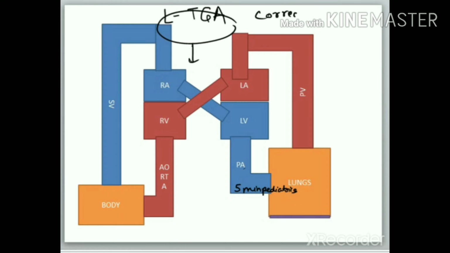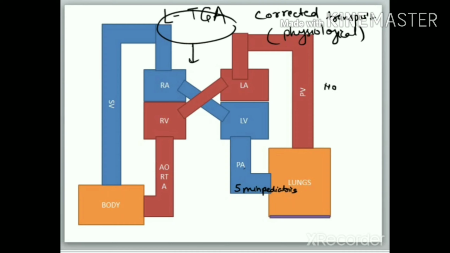Here the atrioventricular relationship is discordant. Here the right atrium and right ventricle are not concordant, while in DTGA there is concordance in the atrioventricular relationship.